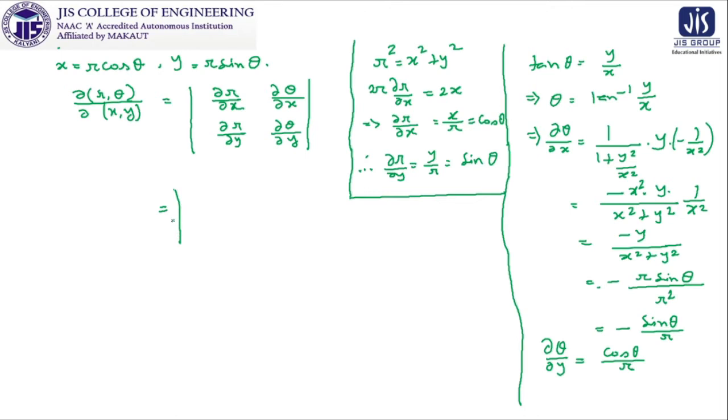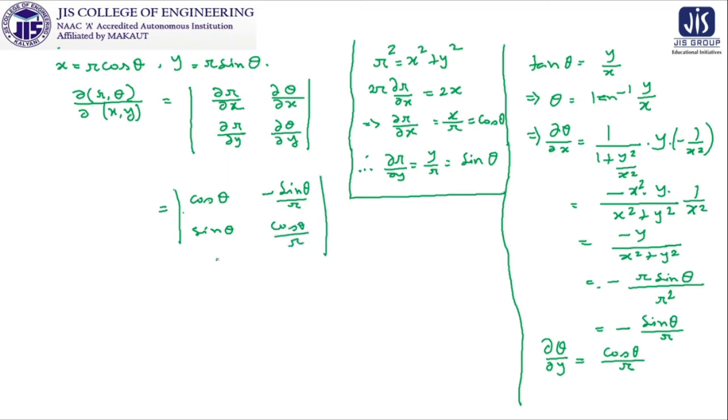Now in place of del r del x, we can write cos theta. In place of del r del y, we can write sin theta. In place of del theta del x, we can write minus sin theta by r, and in this position we can write cos theta by r.